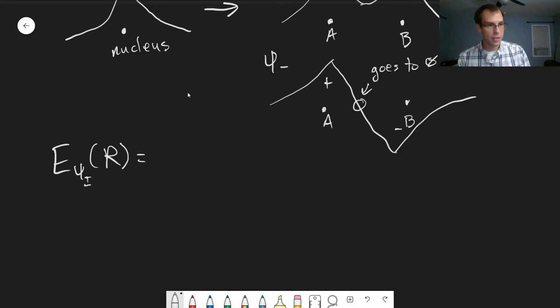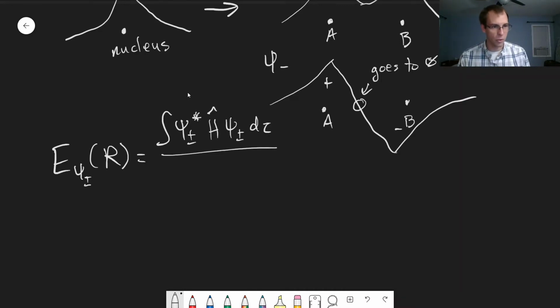This will be equal to the integral of psi plus or minus star with our Hamiltonian. It's only 4 terms, but it's still 4 terms to worry about, so this is not a trivial problem. But it is a solvable variational theory problem, and your textbook goes through this, but we're going to skip to the results. And then, of course, we divide by the normalization integral here.